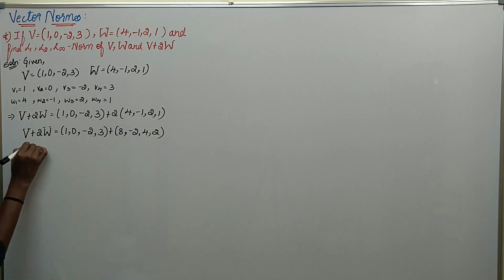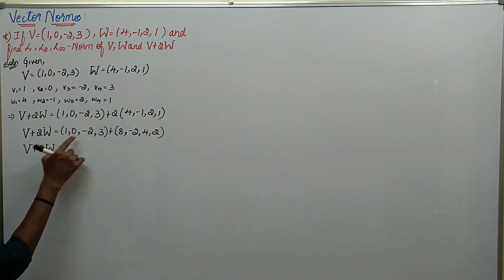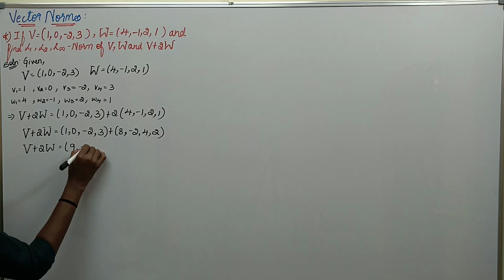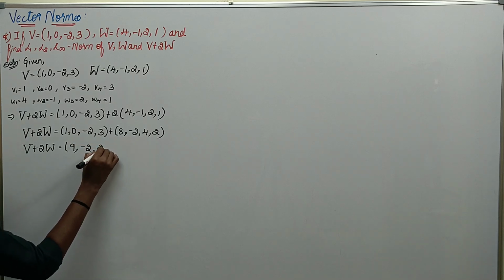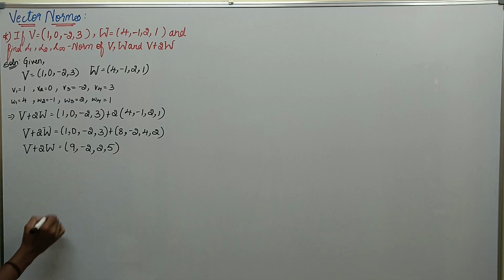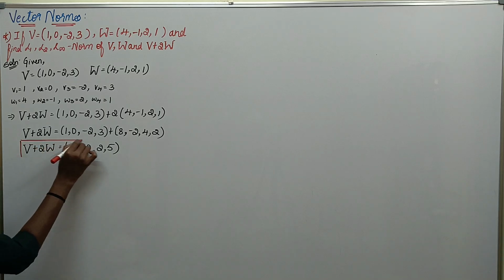Now add the terms: V plus 2W is equal to 1 plus 8, 9, 0, minus 2, minus 2 plus 4, 2, 3 plus 2, you get 5. Now this is the V plus 2W set of vector.